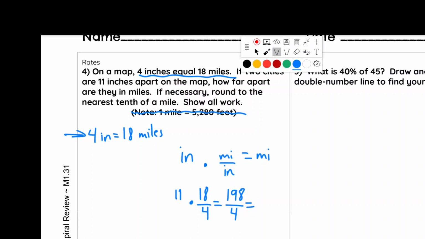And I have 49 5/10 miles. So if they are 11 inches apart on the map, they are 49.5 miles apart in real life.